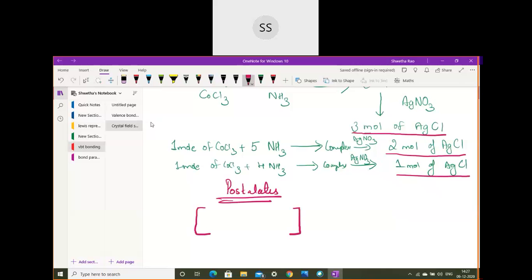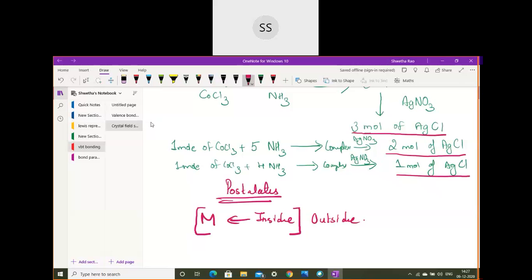Basically, a few of the ions present get displaced and show the answer. If 1 mole of AgCl is obtained, only 1 Cl is present outside. Where 2 moles of AgCl precipitate, only 2 chloride ions are present outside.